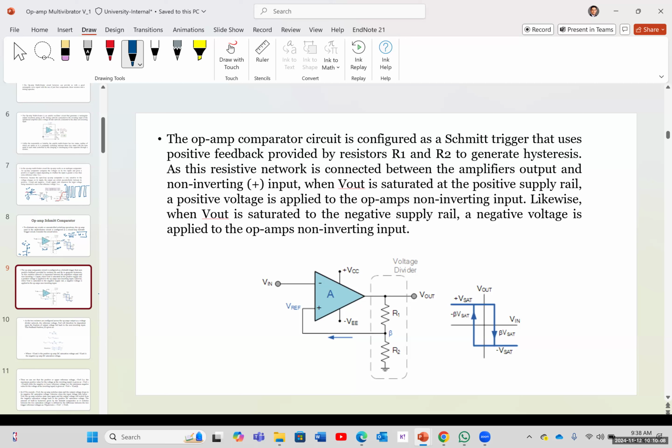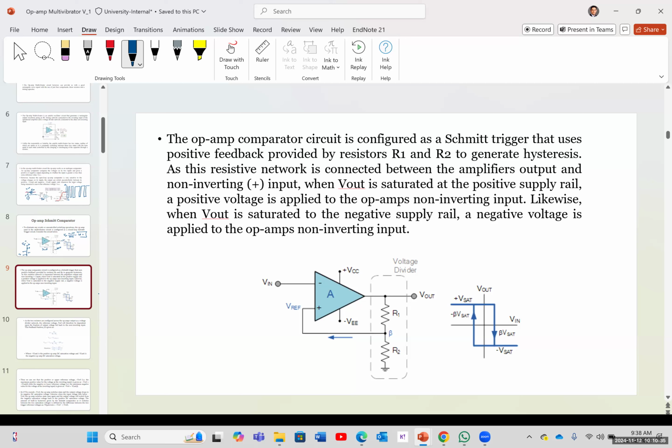Likewise, when V out is saturated to the negative supply rail, a negative voltage is applied to the op-amp's non-inverting input.